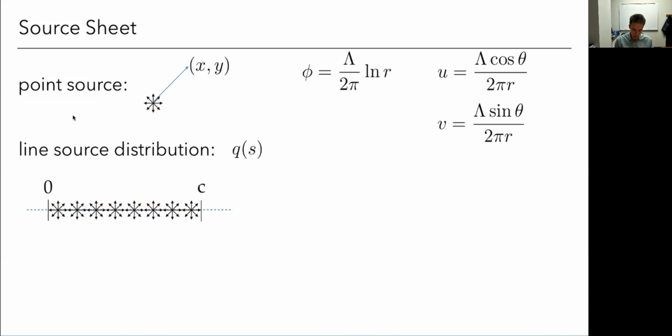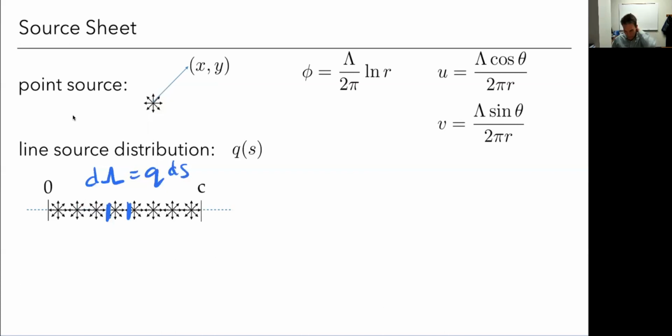So in other words, if I was to take some small infinitesimal chunk of this, the delta lambda, and of course I've drawn it way bigger than an infinitesimal chunk, would be Q times ds, right? Because Q is the source strength per unit length, so I multiply by some infinitesimal length, and this gives me some infinitesimal contribution to my source.